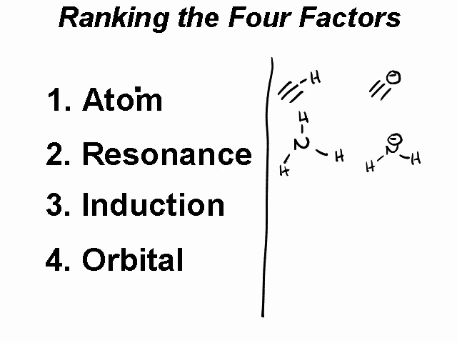So we do that with our four factors, and we start by looking at the first factor, what atom is the charge on. Here the charge is on a carbon atom. Here the charge is on a nitrogen atom. Remember, the periodic table looks like this. And nitrogen and carbon are in the same row of the periodic table.